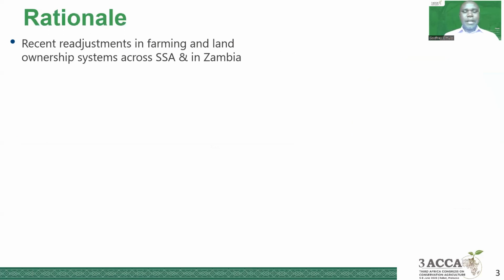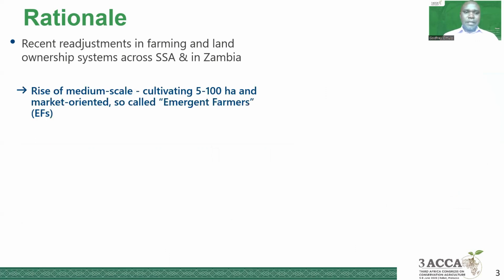Now, against the backdrop of low yields and labor intensiveness, the recent readjustment in farming and land ownership systems across sub-Saharan Africa, and particularly also in Zambia, has seen the rise of medium-scale farmers.